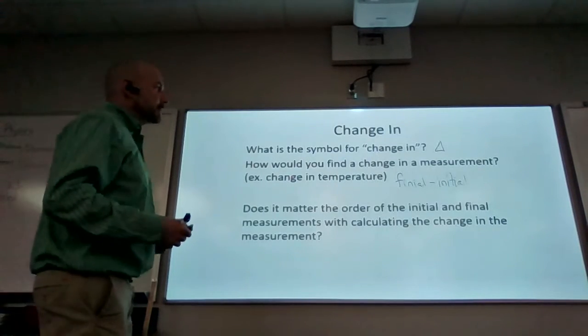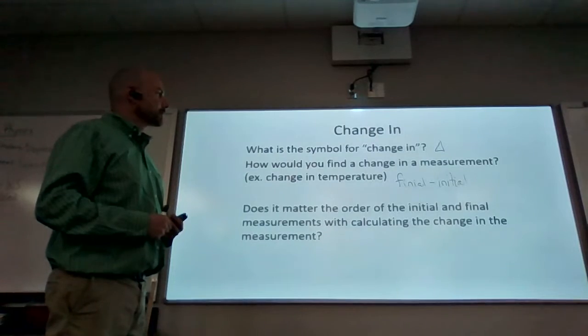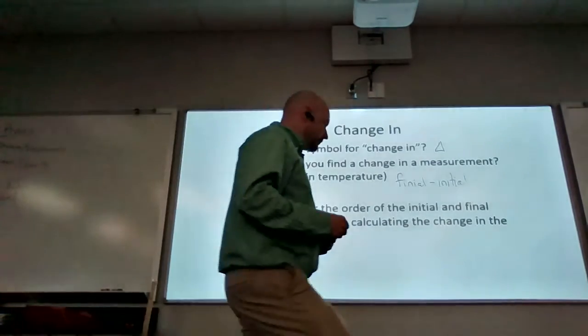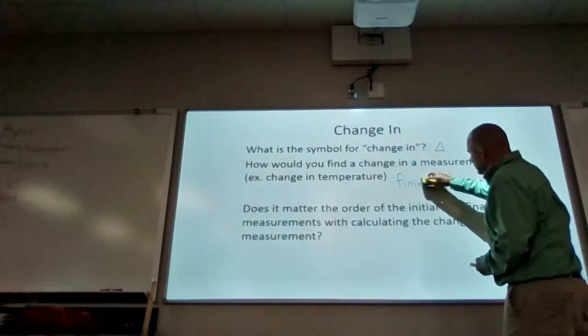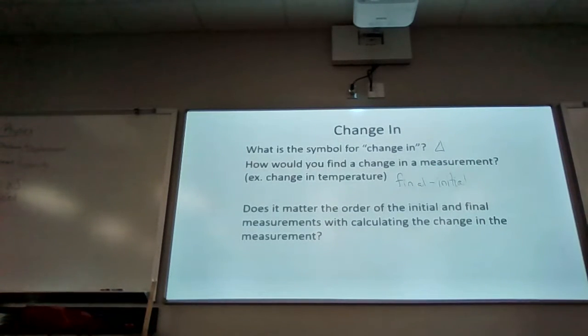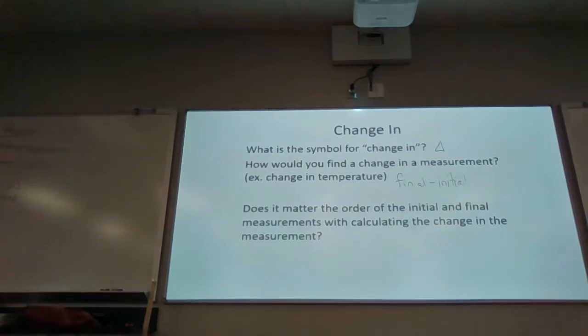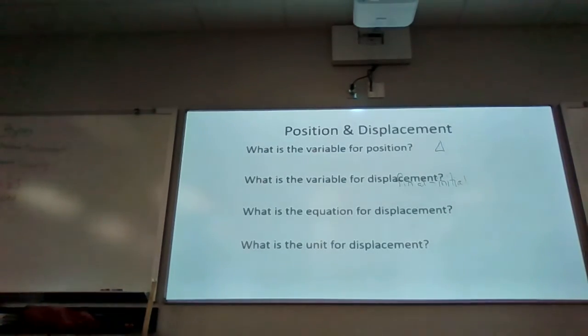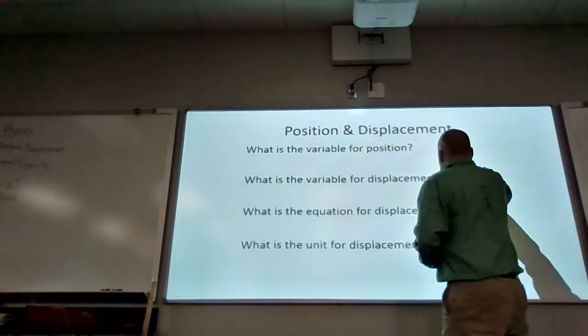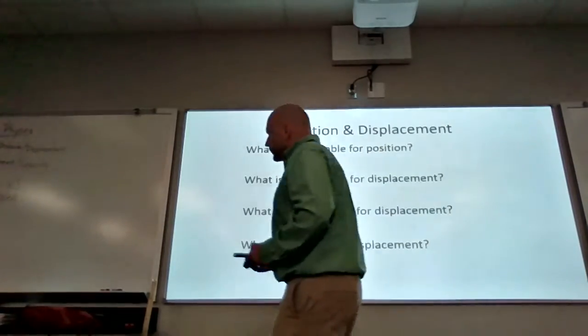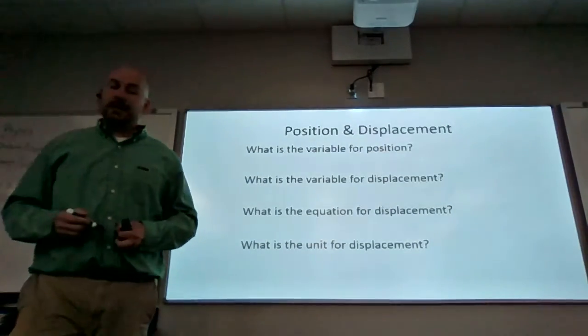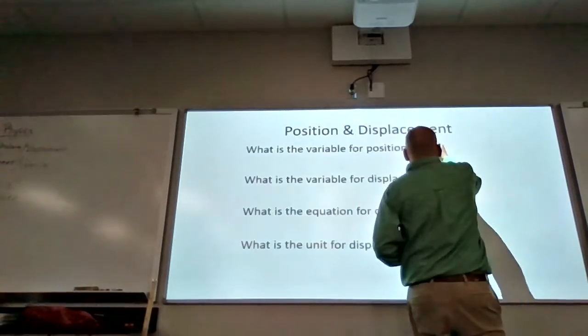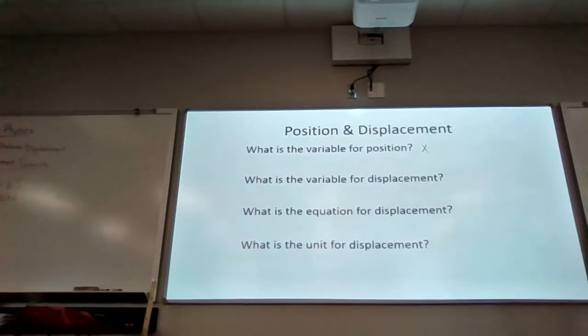How should you remember that? Maybe think alphabetical. Okay. Final minus initial. All right. The variable for velocity was a lowercase v. The variable for position is x. That's kind of nice. We're used to x. X is like comfort zone.